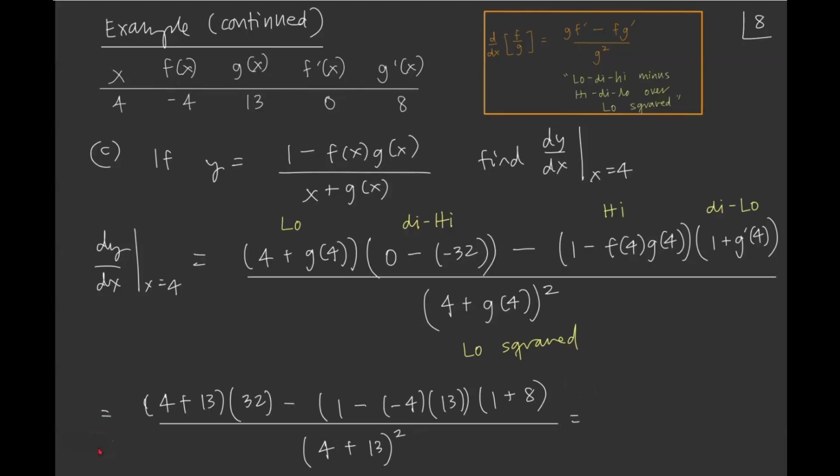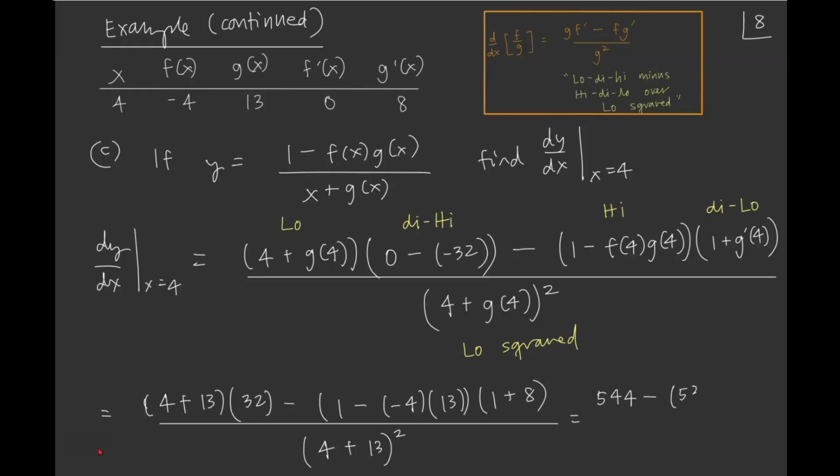So still just cleaning things up, 4 plus 13 will be 17 times 32, and let's see, 17 times 32 will be 544. So 544 minus, here we have a 1 minus negative 4, so that's a 5. No. Something else has to happen first. We have a negative 4 times 13, so 4 times 13 is 52. So that first part is 1 plus 52.